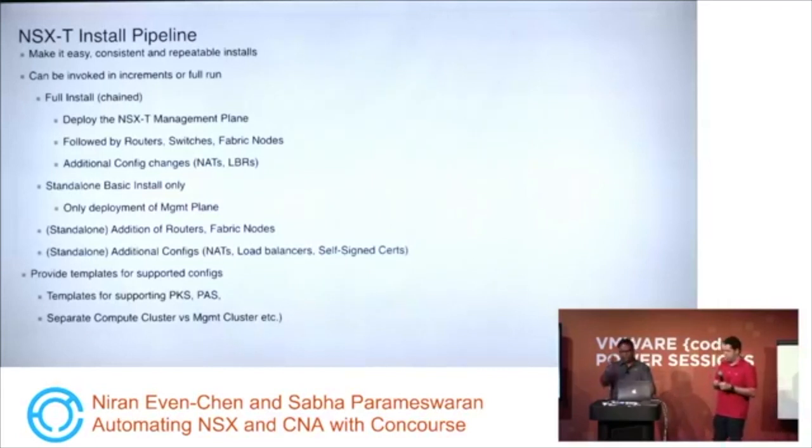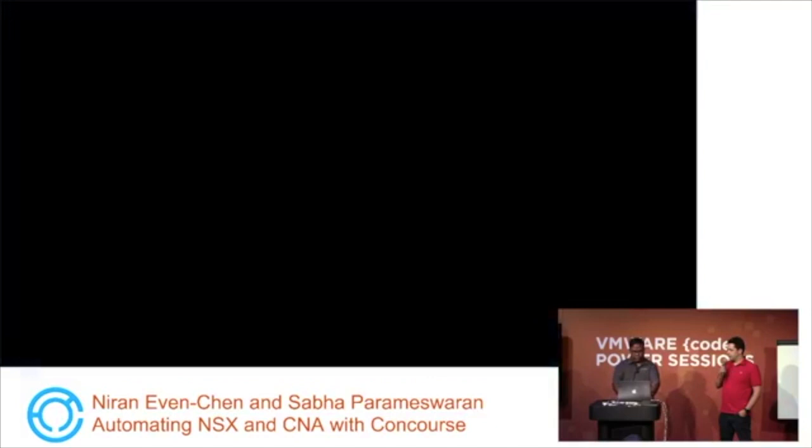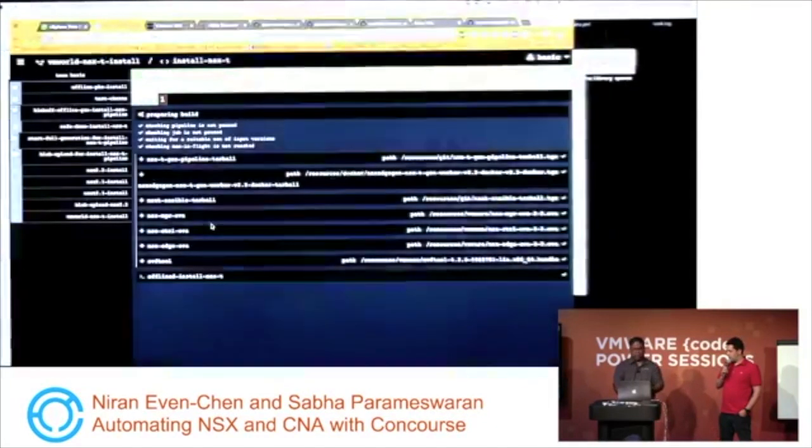Those can be done separately, or you can re-trigger them with modifications if you want to add new pools. And then the final step is to expose load balancers, NAT, or self-signed certs. Okay, so I think the install part is done.